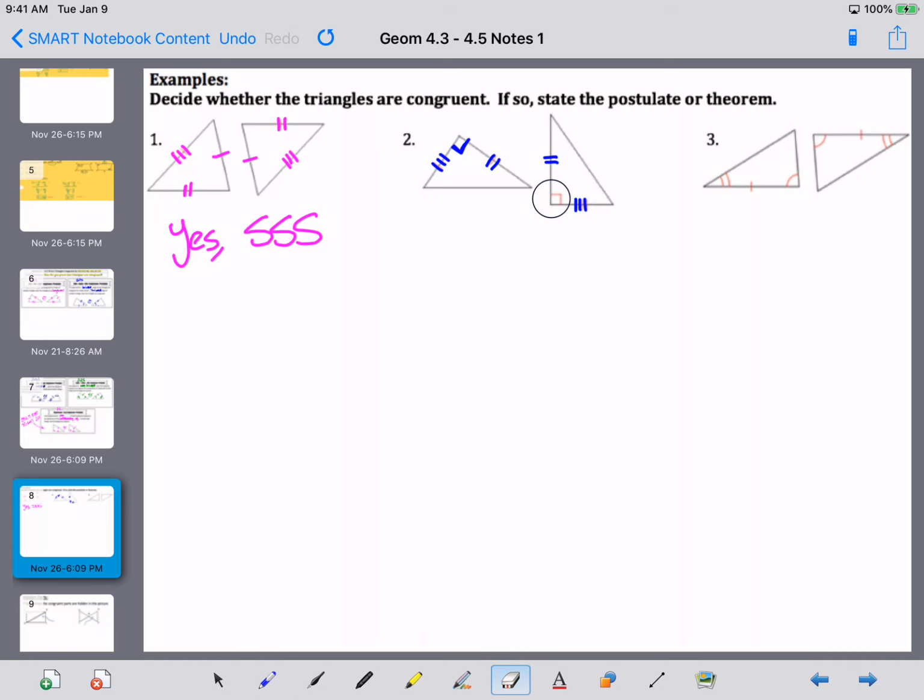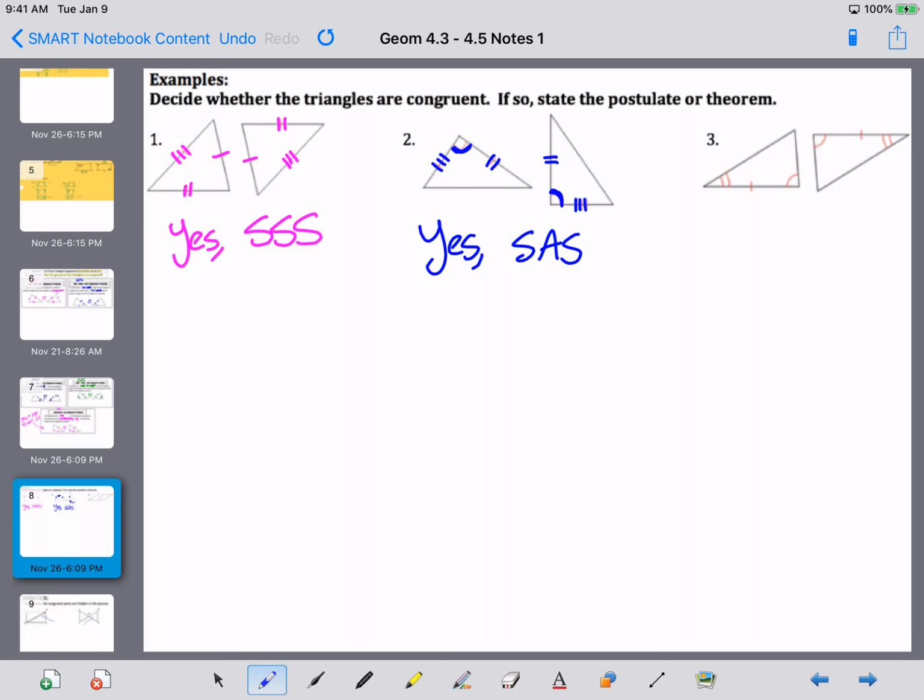So it doesn't matter that this is a right angle. I could have just as easily said this is congruent to this. It's both 90. So that is actually side, angle, side. So don't think that just because it's a right triangle, it has to be hypotenuse leg. That's not true. It could be any of the other four if it's a right triangle.